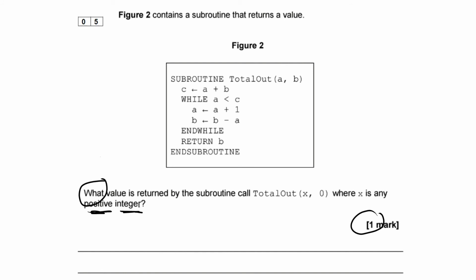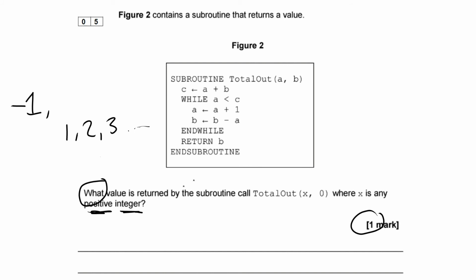You should know that an integer is a whole number, and we also want it to be positive, so it shouldn't be a minus number. It should be 1, 2, 3, etc. So it's any whole number. It's asking what value is returned by the subroutine call total out x0, where x is any positive integer.